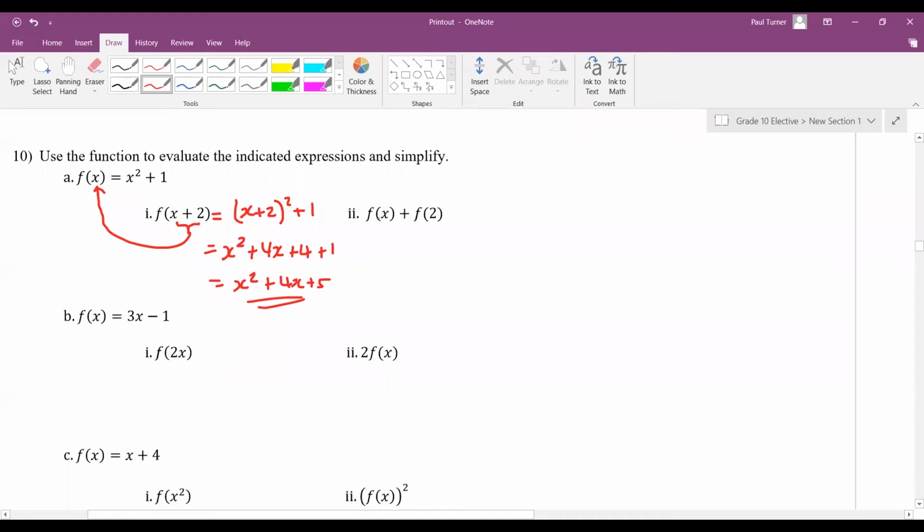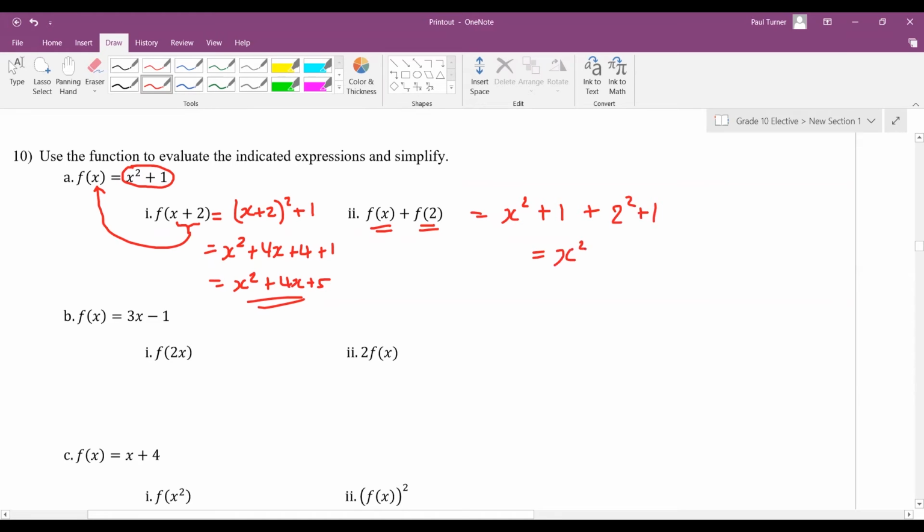This one, well, you've got f(x). So f(x) is already written here, isn't it? Then you would just write x squared plus 1 plus, now this is f(2). So you need to put 2 into your function here. You'll get 2 squared plus 1.